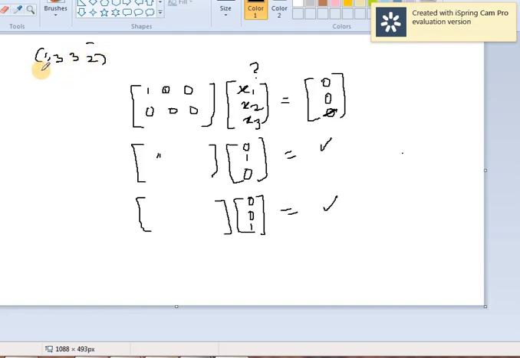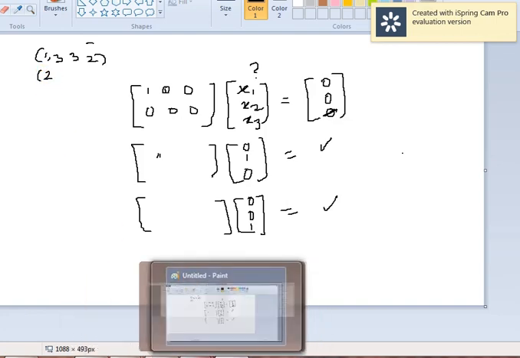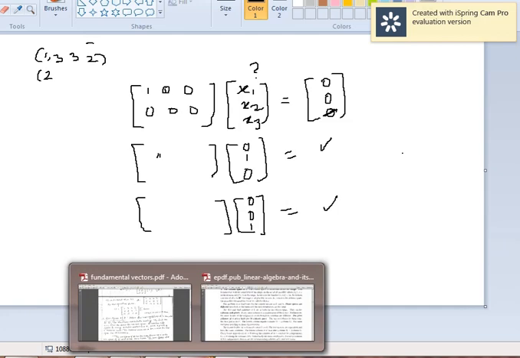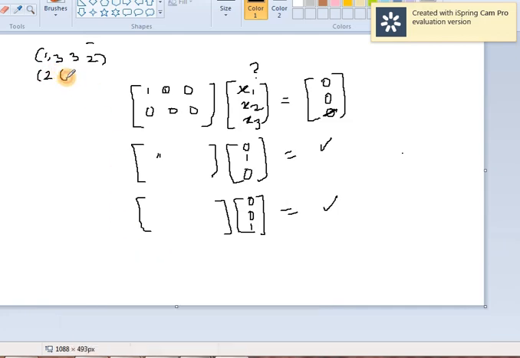Then the next one is 2, 6, 9, 7. And the third one is -1, -3, 3, 4. So this is nothing but the row space of A.